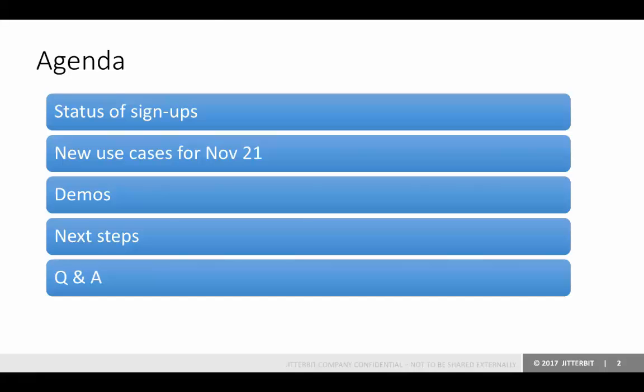Then we'll talk about the new use cases that we're introducing today. We'll do a demo just to show you some of the functionality, and I'll try to focus on more of the new functionality over the last 2 weeks that we've introduced. And then we'll wrap up with next steps.